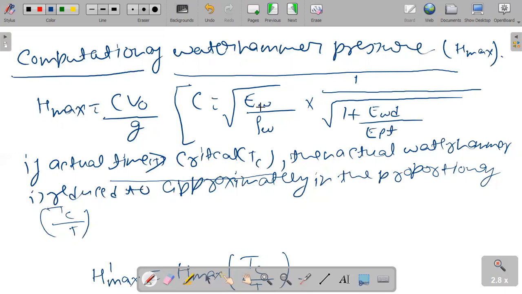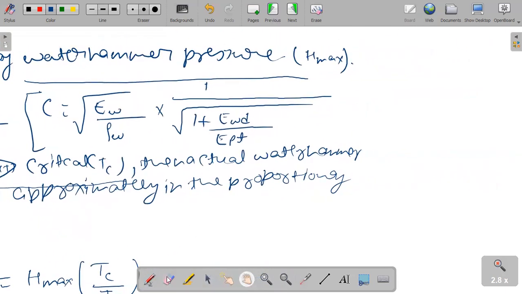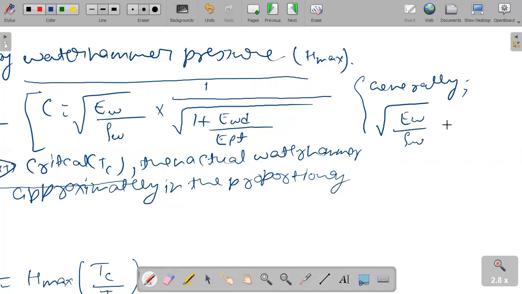Generally, this sqrt(EW/rho W) has a value of approximately 1433 meter per second.